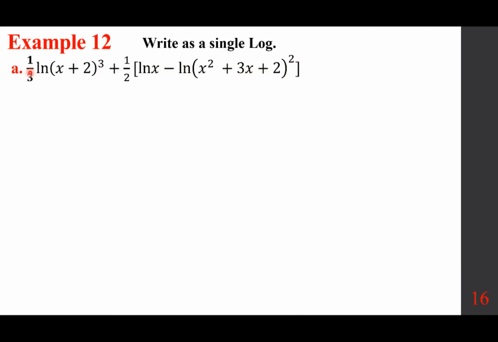First, I hope you realize this 1/3 will cancel out this 3, because if you have the coefficient, it becomes the exponent. So this becomes 3 times 1/3, and in essence that cancels out.